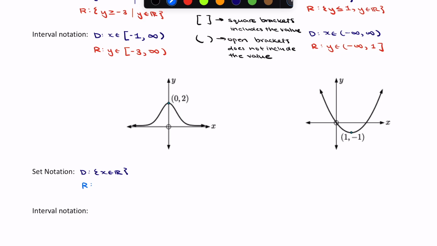It doesn't quite touch 0, but it's close to 0. So y is greater than 0, but not 0, and it's also less than or equal to 2, and y is an element of real numbers.